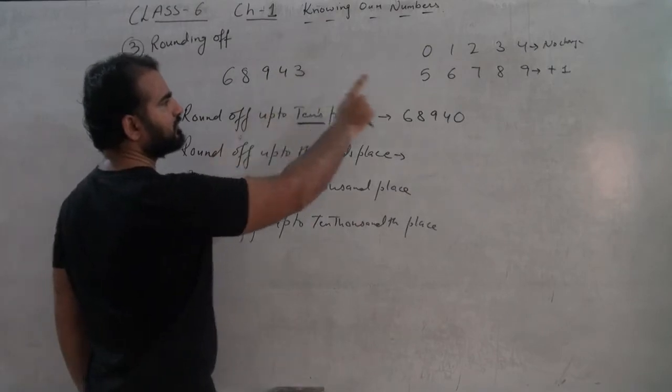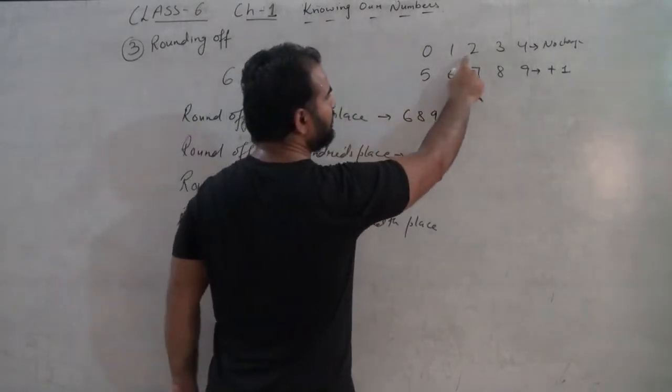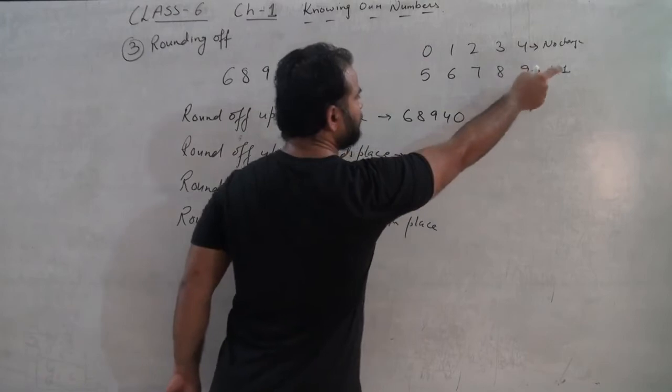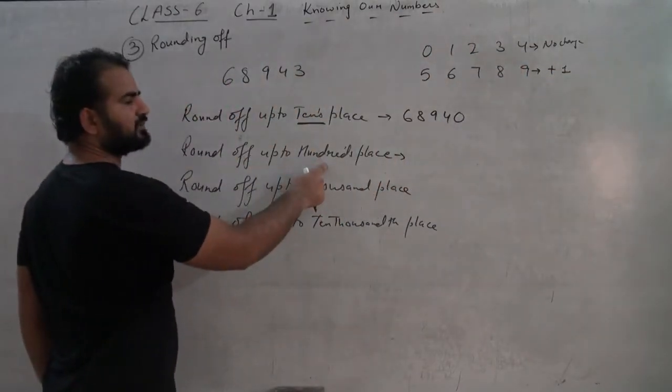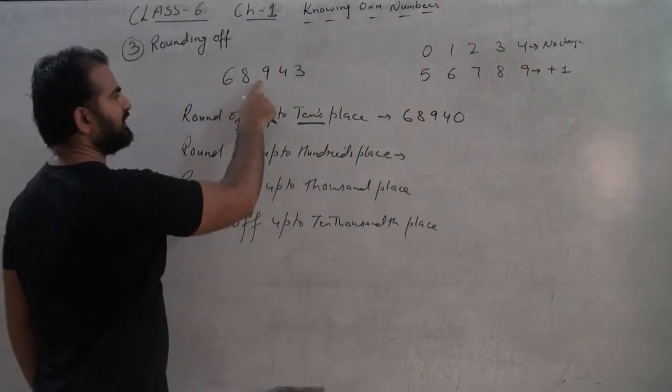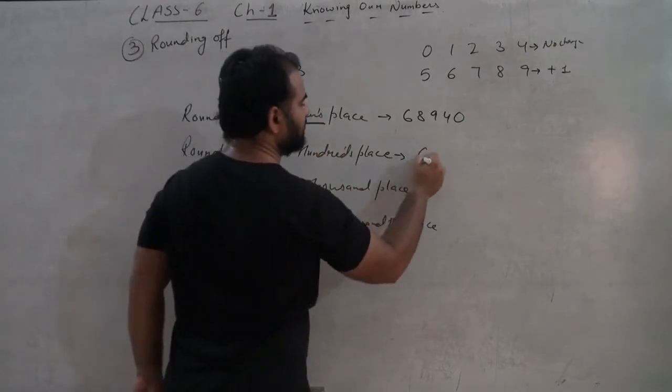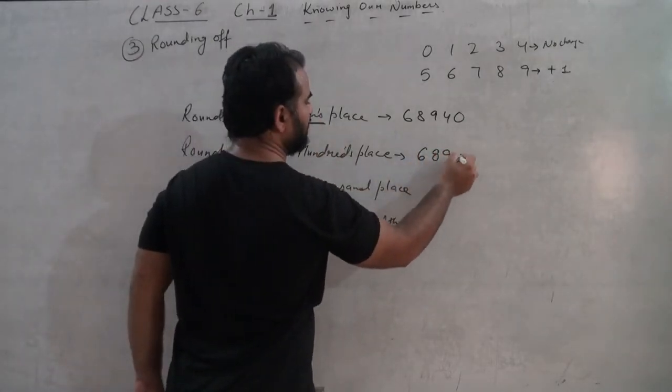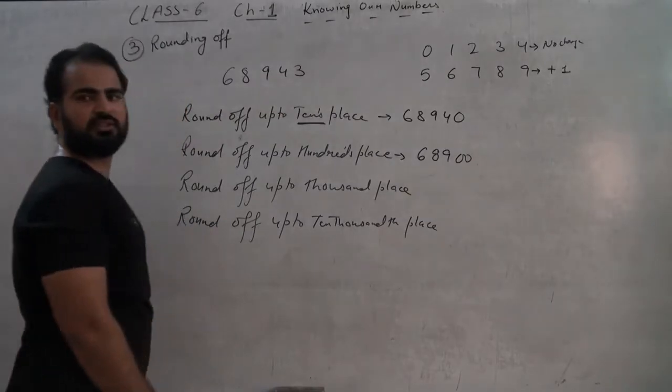So if it is 0, 1, 2, 3 or 4, there will be no change at the given place. So it will be 6, 8, 9, 0, 0.